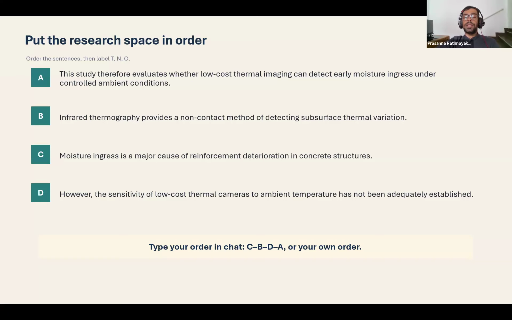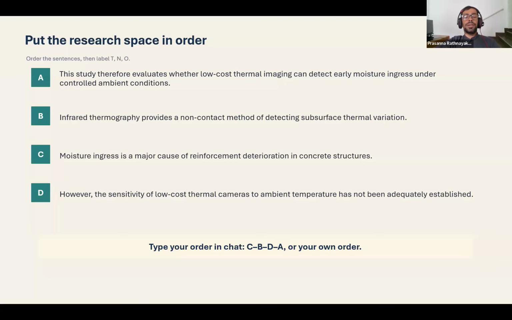Type your order in the chat. The expected order is actually visible on screen: C, B, D, A. But I'm interested in hearing if anyone has a different order.